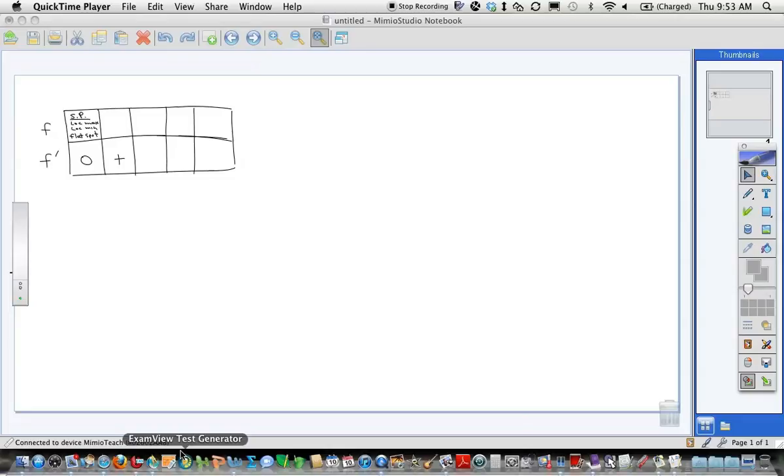If f prime is positive, f's increasing. If f prime is negative, f's decreasing. If f prime is increasing, f is concave up. If f prime is decreasing, f is concave down. So those were all of the connections that we wrote in a quick little summary.